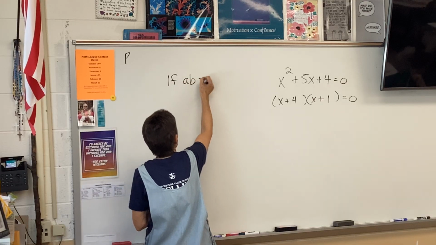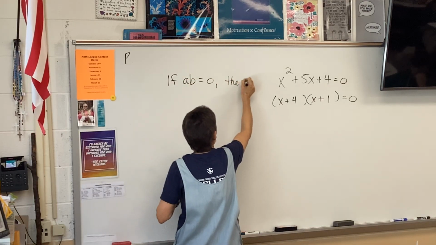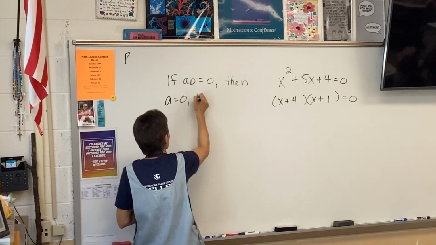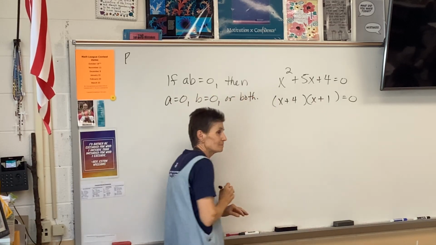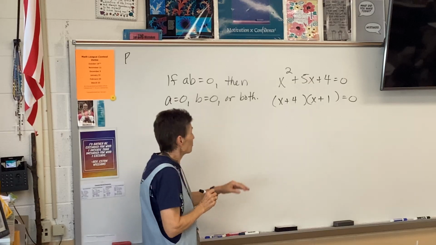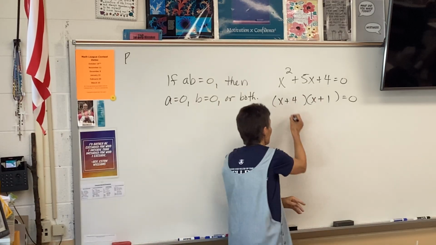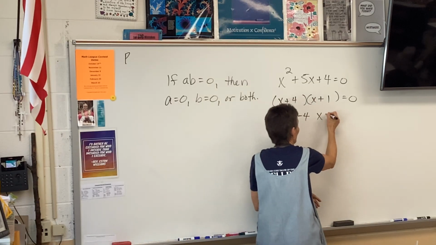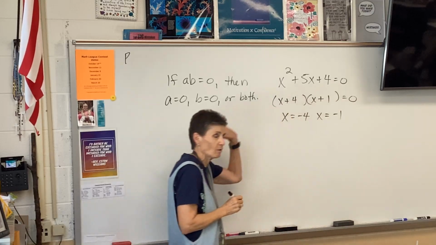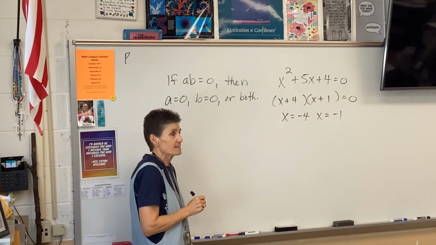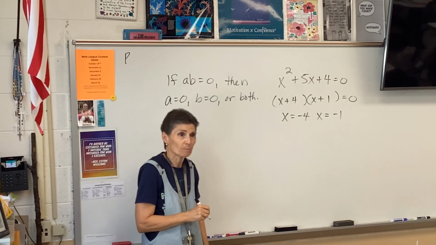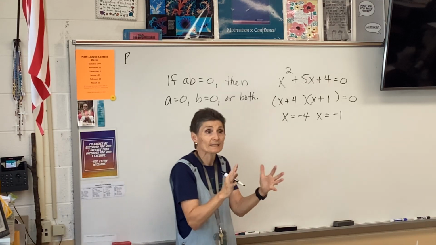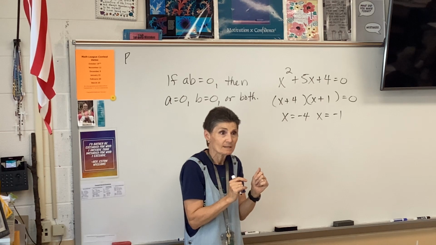If AB equals zero, then A is zero, B is zero, or both. It's the property that allows you to say, then X has to be -4 or X equals -1. You do it all the time. The only way two things can multiply to be zero is if at least one of them is zero.